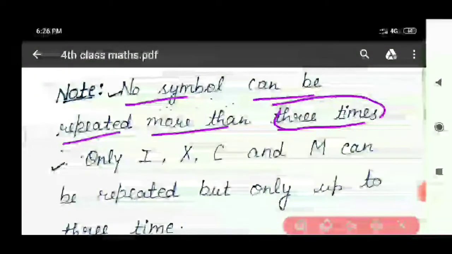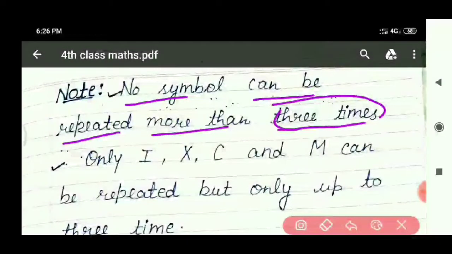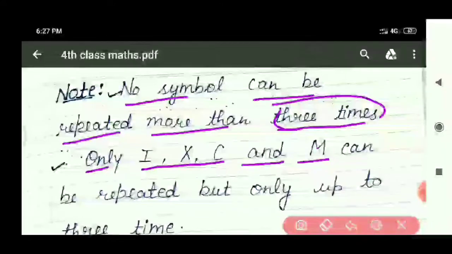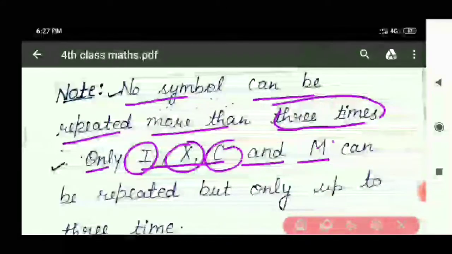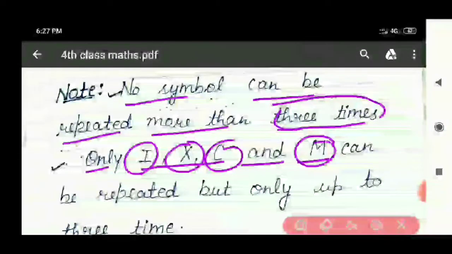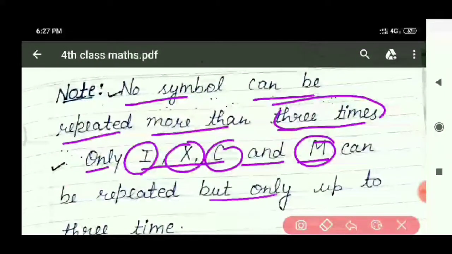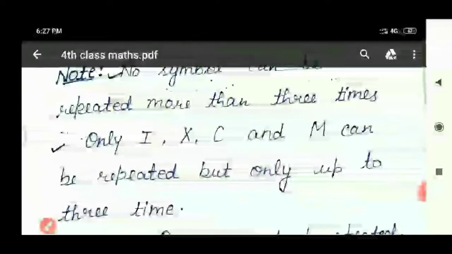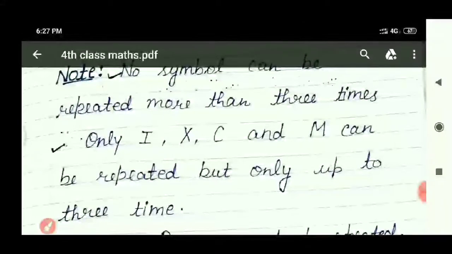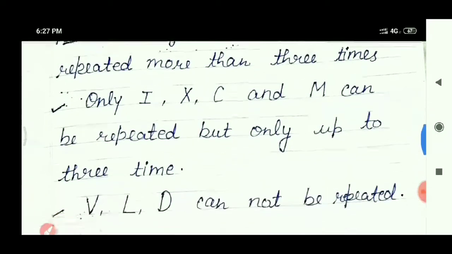Remember it. And the second point: only I, X, C and M can be repeated, but only up to 3 times. Remember it always.